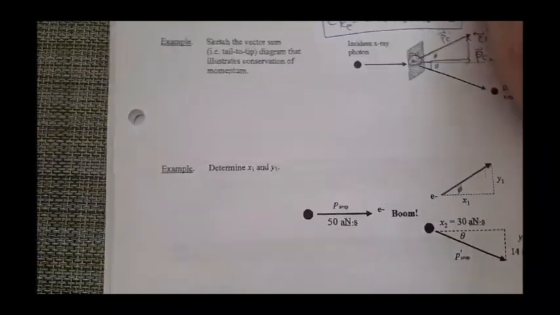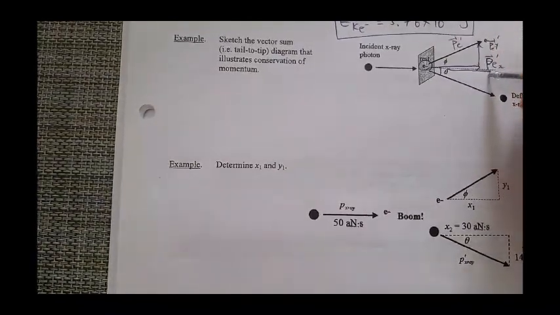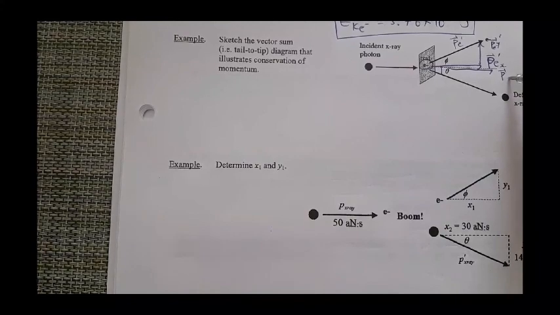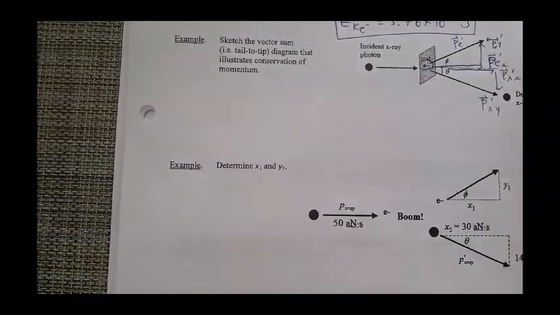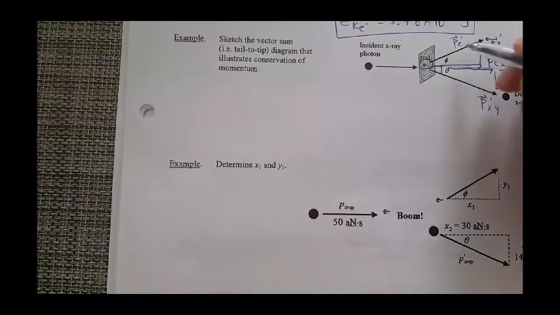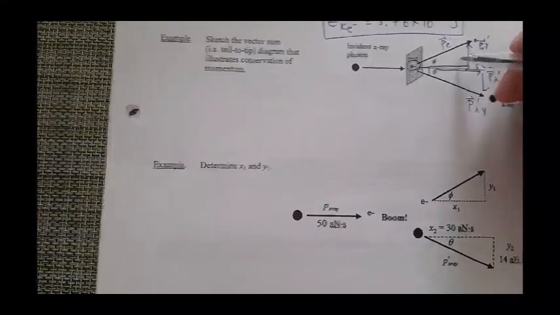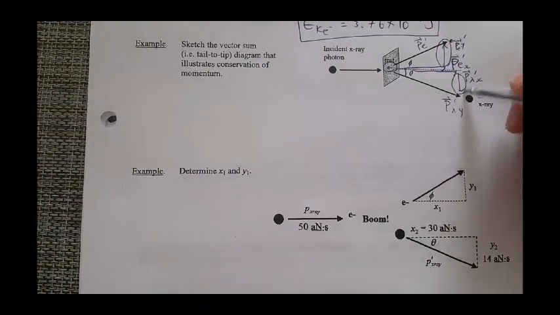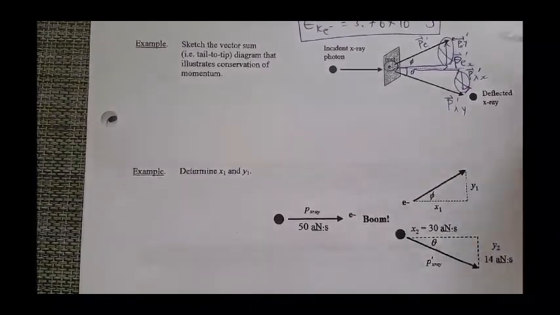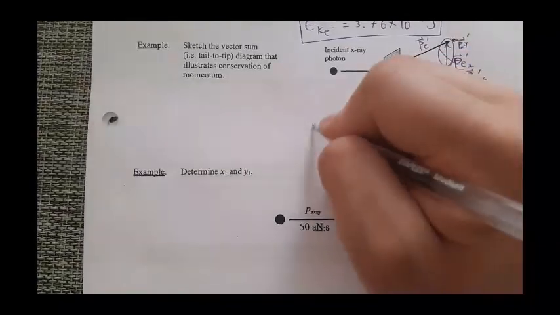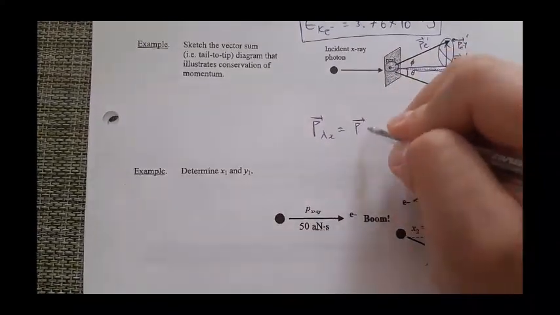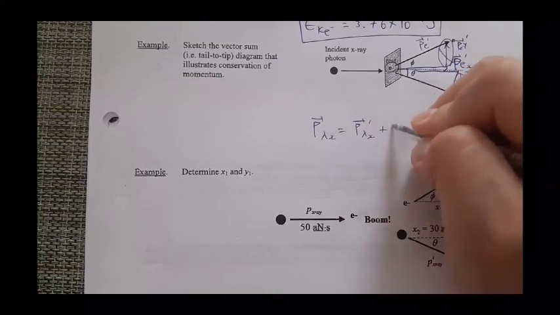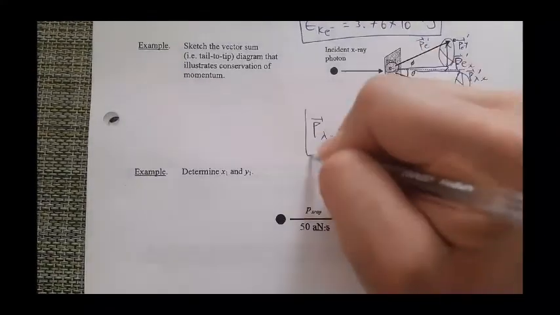And when it comes to the momentum of the deflected X-ray, same thing: P lambda final X, P lambda final Y. In this case, as you may notice, we don't have any Y components, so mathematically my up arrow and down arrow should cancel out. And for these two, I can just say P lambda initial X should be equal to P lambda final X plus P E X final.